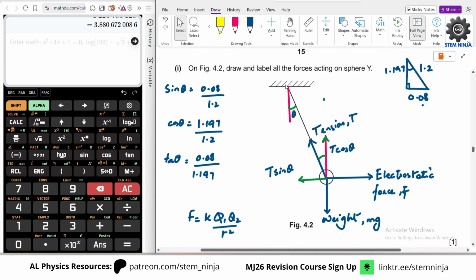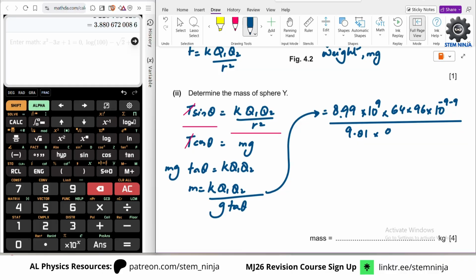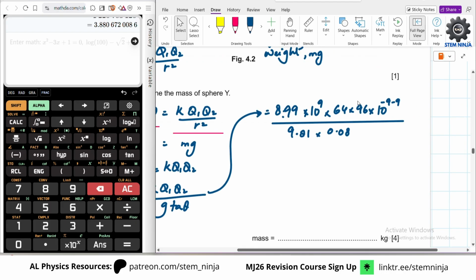We wrote here 0.08 divided by 1.197. Basically this would go on the numerator, 1.197.